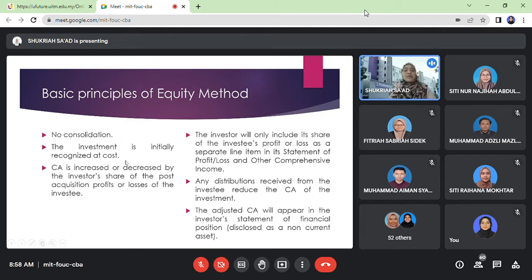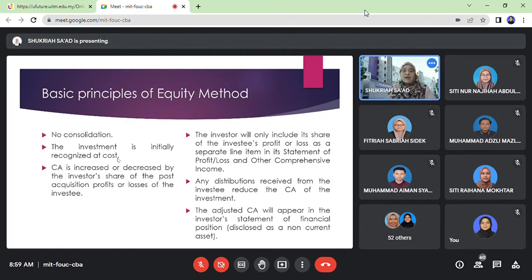There will be a formula to identify the carrying amount to be reported, or the carrying amount to be recognized as the cost of investment in associate. We need to determine the investment at cost because this element should be presented in the consolidated statement of financial position as part of non-current assets.